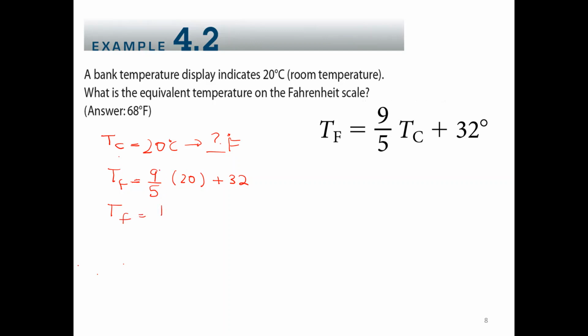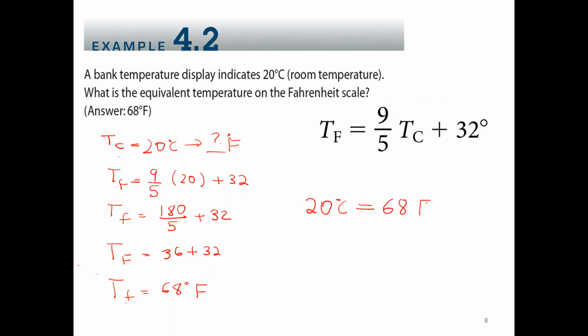First we solve the multiplication and then the addition. 9 times 20 is 180, divided by 5, plus 32. Now we divide these two numbers, which gives 36, plus 32, and finally we add this together. And this is Fahrenheit. So 20 degrees Celsius equals 68 Fahrenheit.